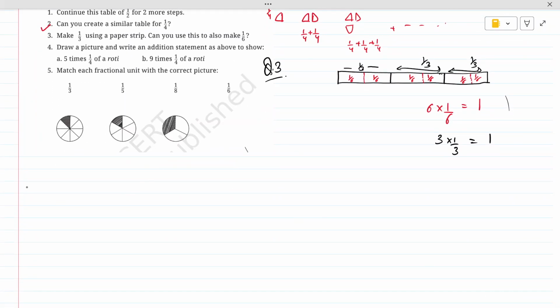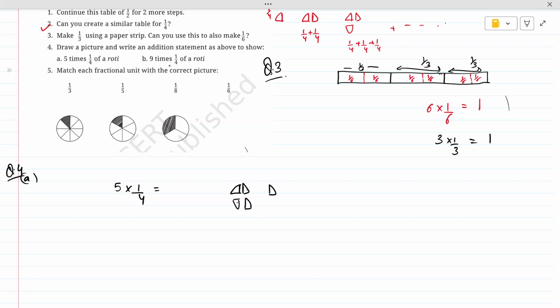Question number 4, a part is 5 times 1 by 4 of a roti. So 5 times you have to make 1 by 4. This is 1, 2, 3, 4 and 5. So this is 5 times 1 by 4 of a roti.